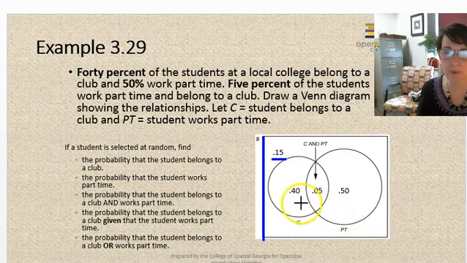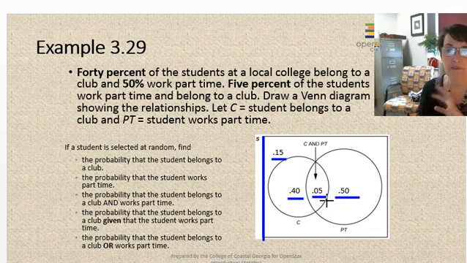And how do we get that 15%? Well, if you remember, when we did our addition property, we have the probability of A, meaning that they belong to a club, and B, that they work part-time. And we have to subtract that overlapping area. I think a Venn diagram is very good to demonstrate right there visually that we need to subtract that area, or we're going to end up with more than we have students, right?